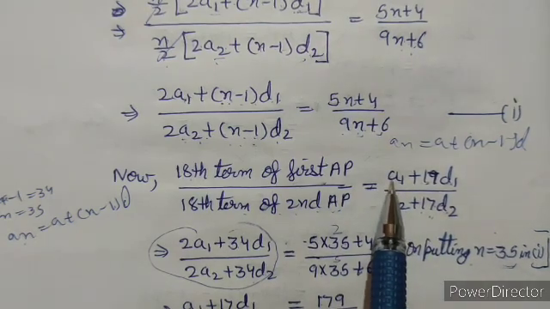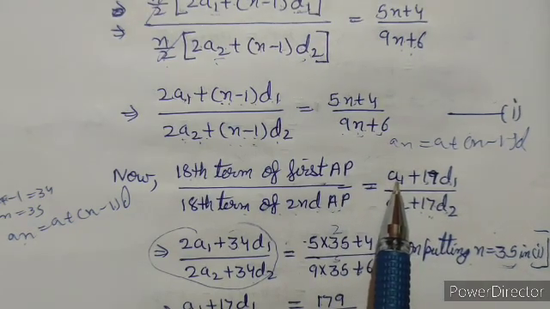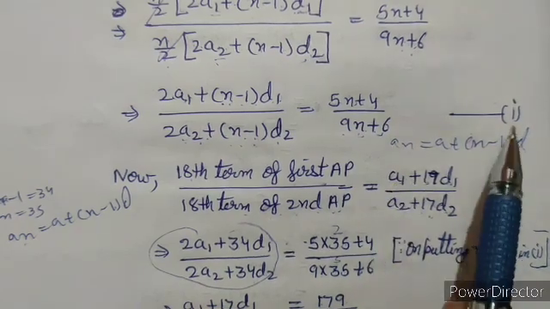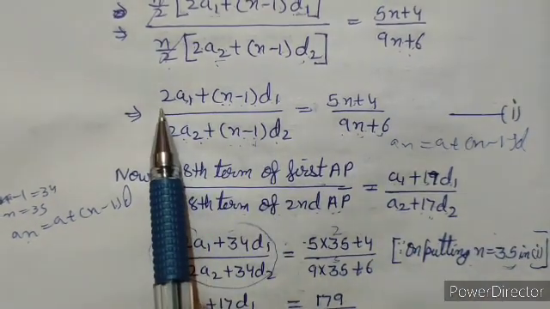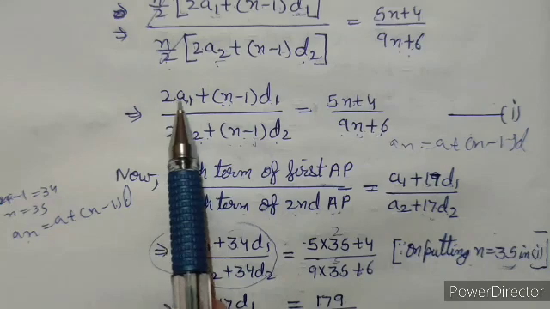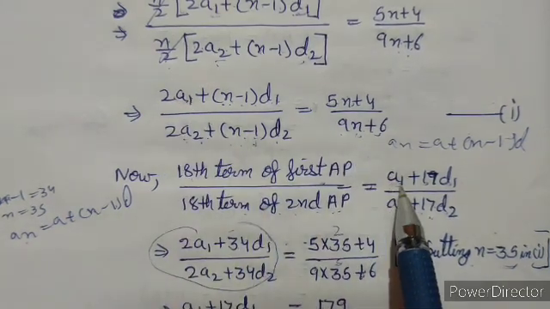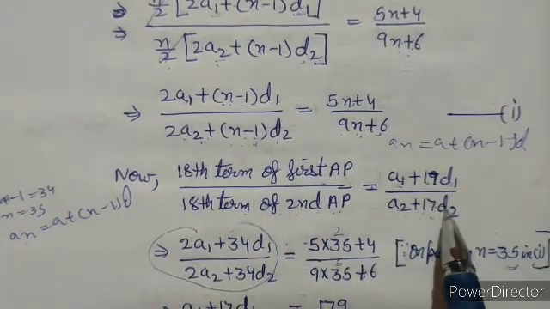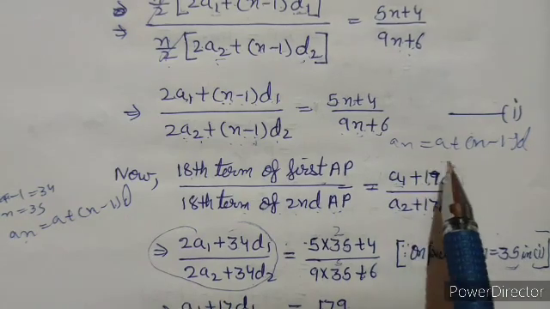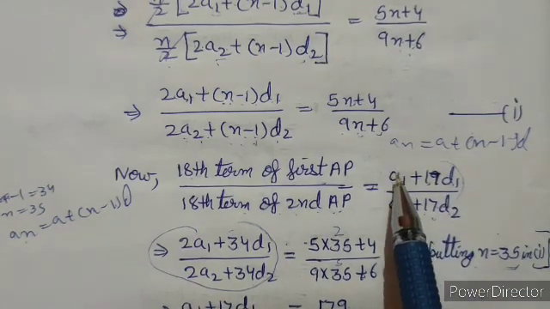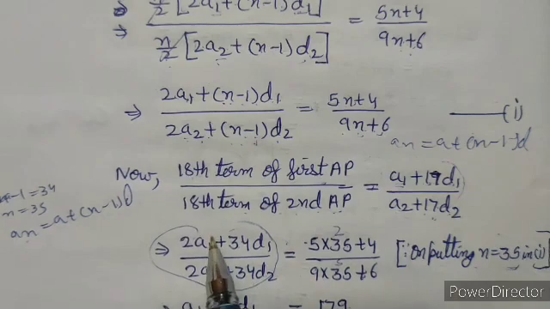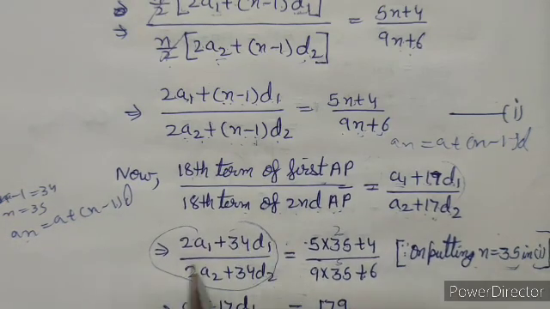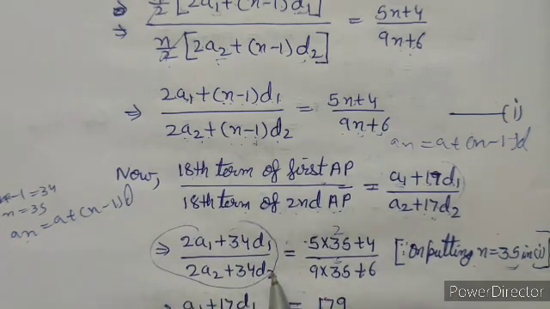Now here on comparing this with the left hand side of the first equation, in the left hand side of the first equation there is 2a1 and here it is a1. So on multiplying the ratio of 18th terms by 2, we will get 2a1 plus 34d1 upon 2a2 plus 34d2.